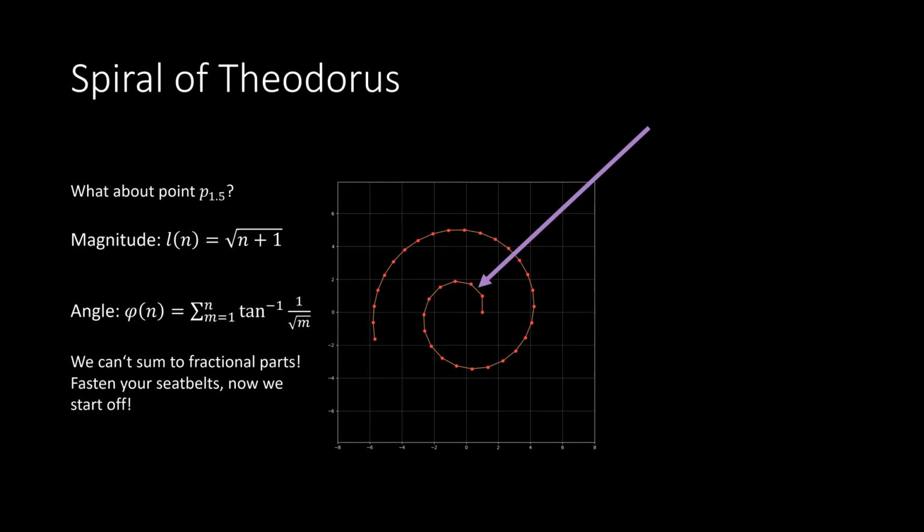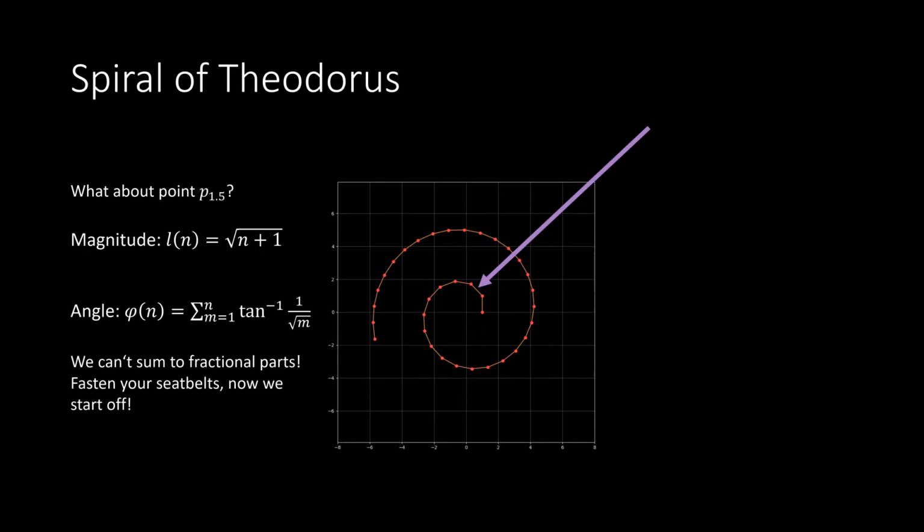So we are not limited to the first 17 like Theodorus, and we are also not limited to drawing it with triangles and right angles anymore. We have a formula that precisely determines the position of each of the points. So that's already quite nice to have, and we can continue this as long as we want.